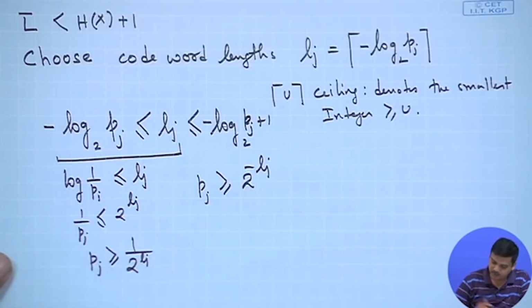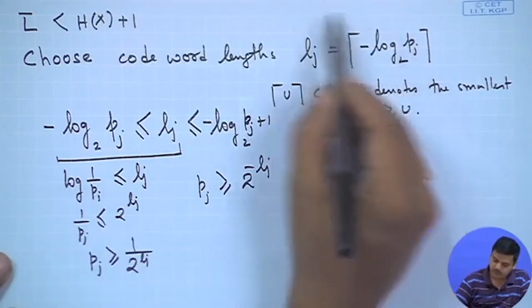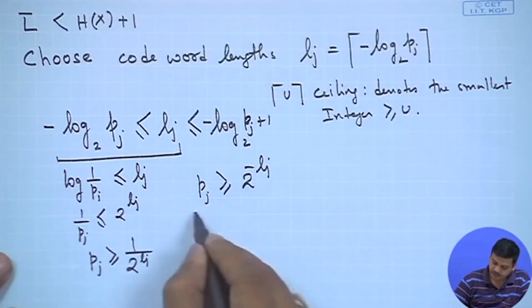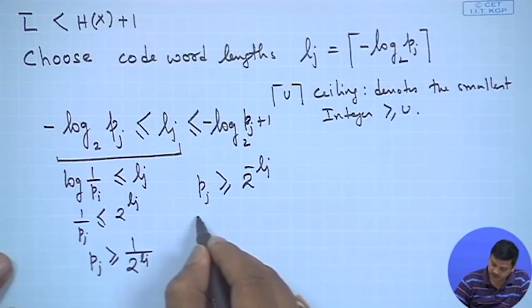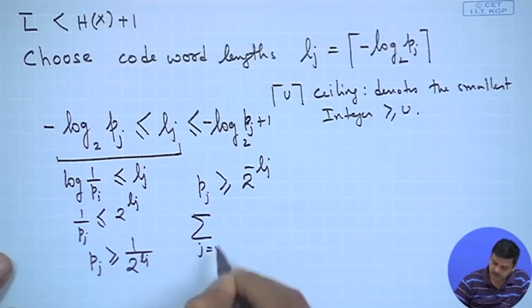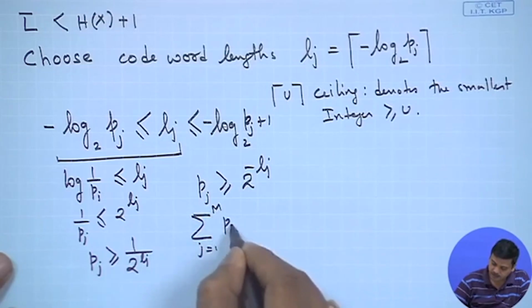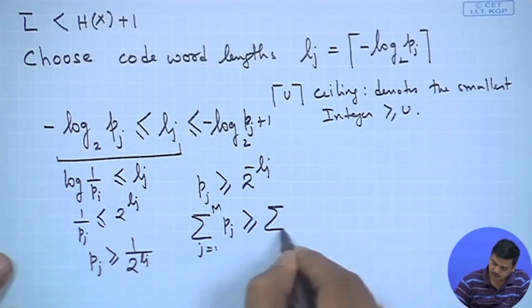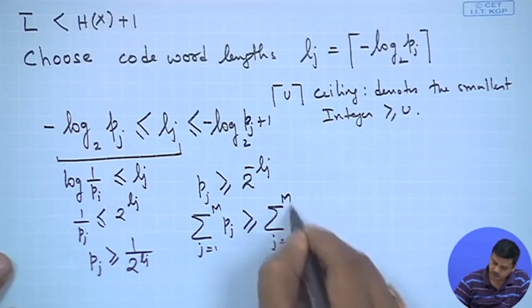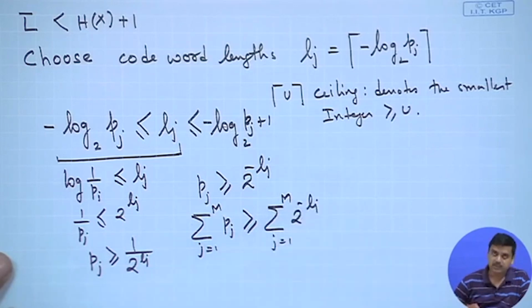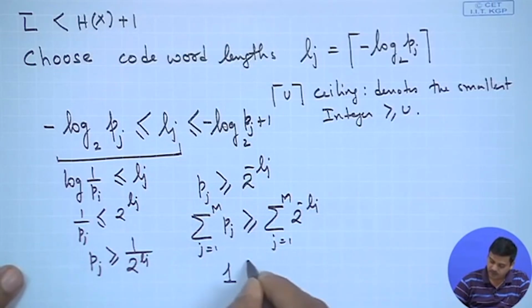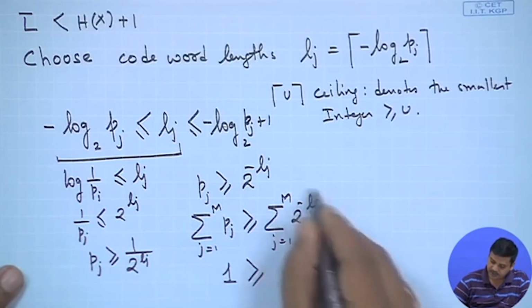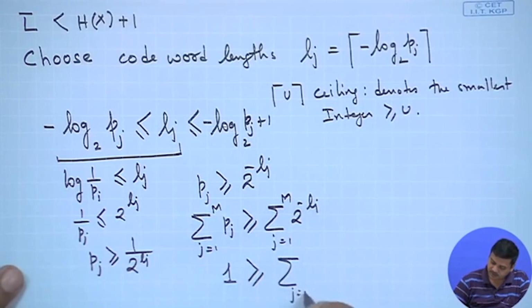So, we have arrived at this point from this definition, and if you take summation over j on both sides, you have summation of j from 1 to m p of j greater than or equal to summation of j from 1 to m 2 to the power of minus L j. Since it is a probability space, this is 1, and this side is the sum over j equals 1 to m of 2 to the power of minus L j.